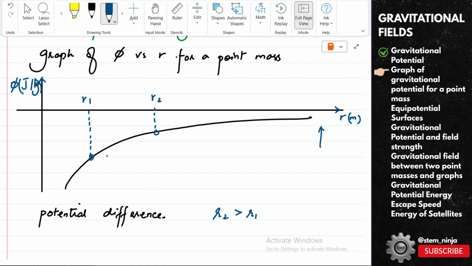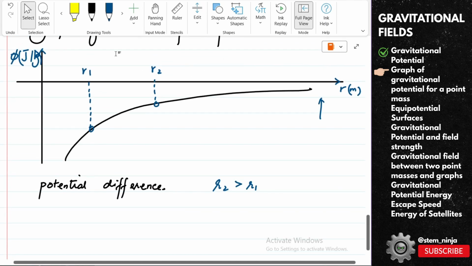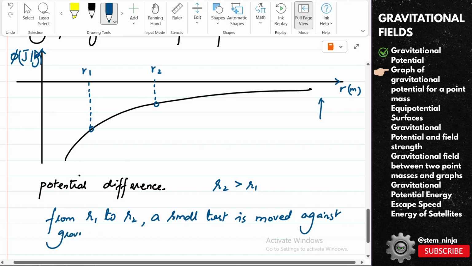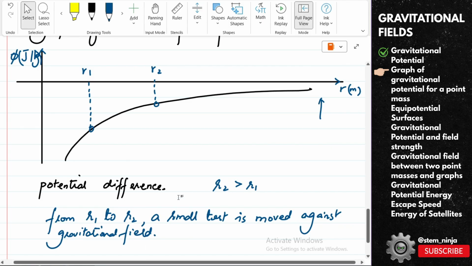So if we want to find out the potential difference between them, if an object is moving from R1 to R2, a small test mass is moved against gravitational field. So we need to figure out how much potential difference there is, right?